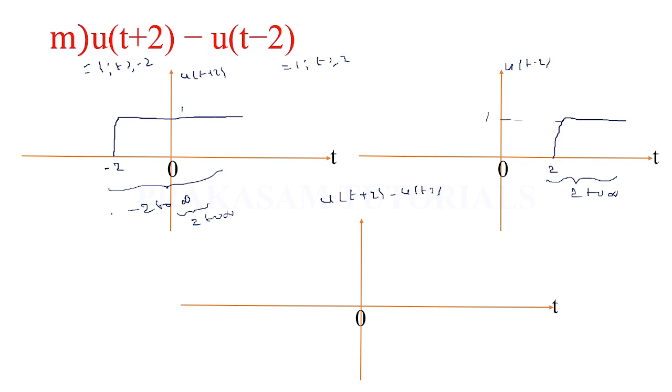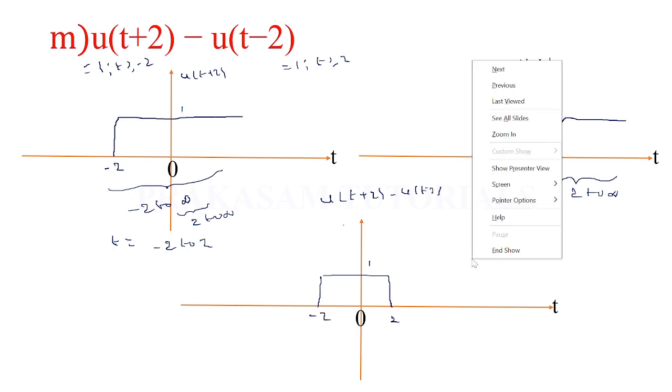What is the remaining value of t? The remaining value of t is minus 2 to plus 2. So between minus 2 and plus 2, this is the graphical representation of u of t plus 2 minus u of t minus 2.